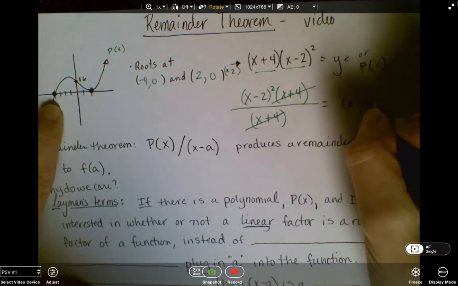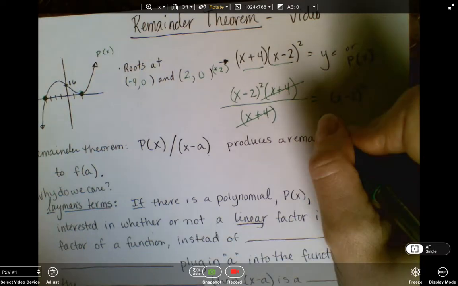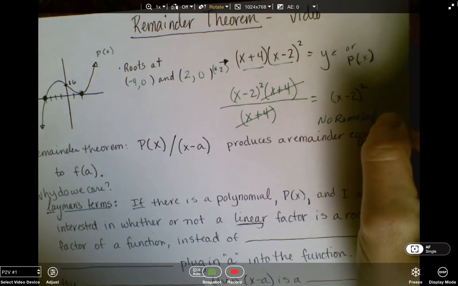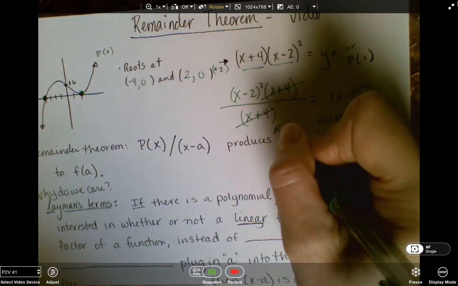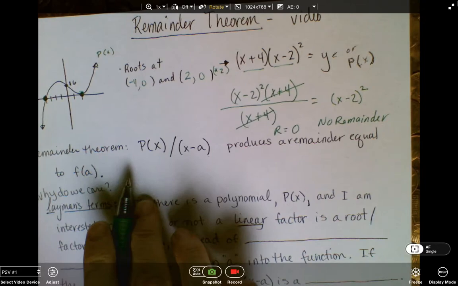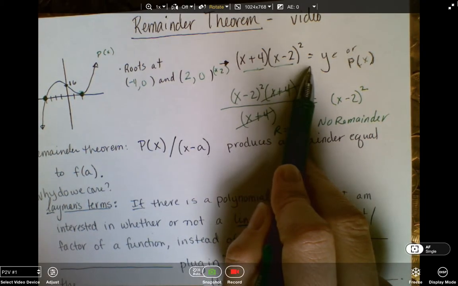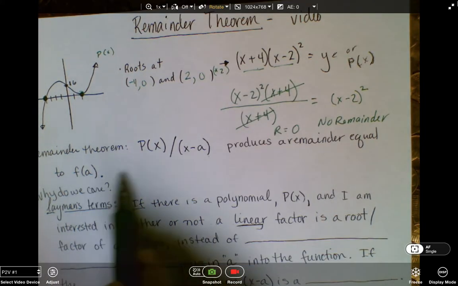X minus 2 squared, no remainder. Or you could also say that the remainder is 0. So if I were to plug in -4 into this function, I would get out a 0, which would be equal to the remainder here. So that's what this theorem is saying.